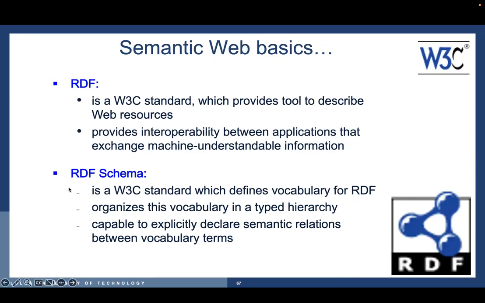What we will begin with, and that will be the topic of next class, is the Resource Description Framework, RDF, and RDF Schema, a standard that defines vocabulary. A lot of practically useful information is available in the lecture notes.